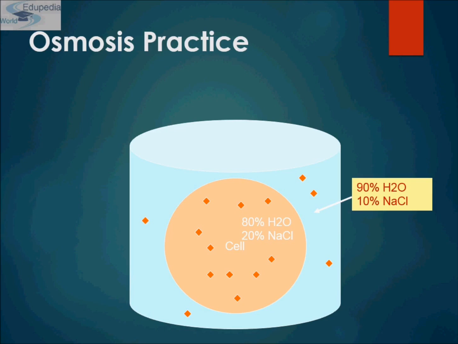The water level in the solution is higher than in the cell, because 80% water is in the cell and 90% water is in the solution. Water will move in and make the cell turgid. As you can see, the concentration of water is greater outside the cell than inside, so water will move in.